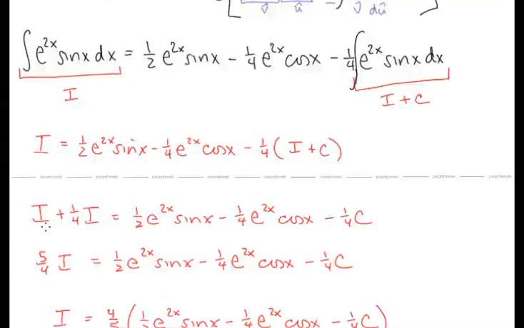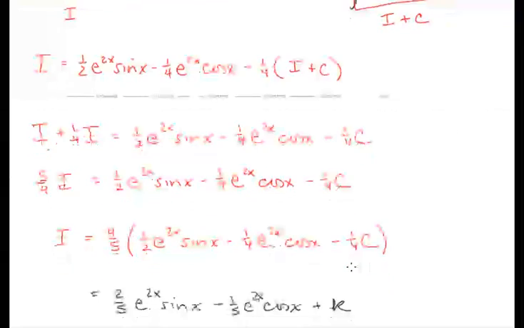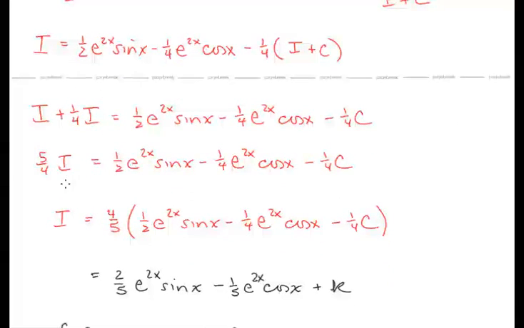So we have I plus 1/4 I, or 5/4 I, is equal to 1/2 e to the 2x sine x minus 1/4 e to the 2x cosine x minus 1/4 c. And again, we're trying to solve for I, so let's multiply both sides by 4/5 and distribute that through.